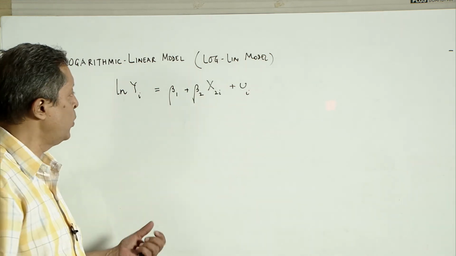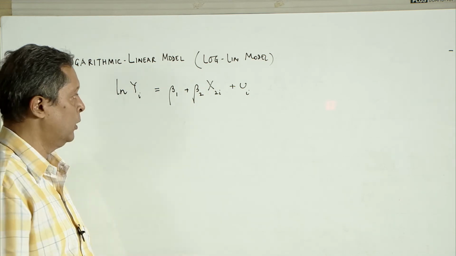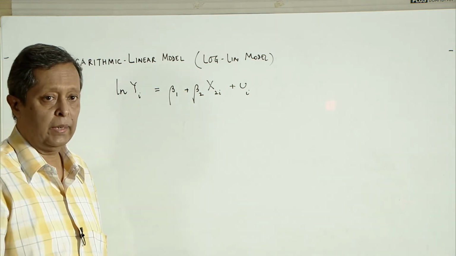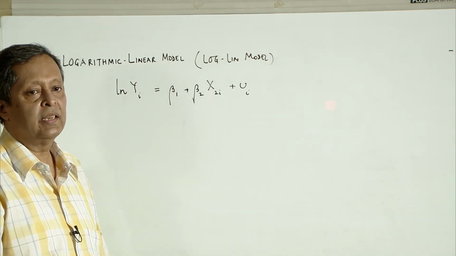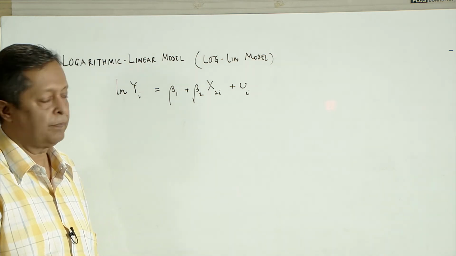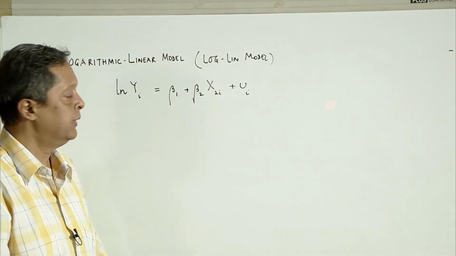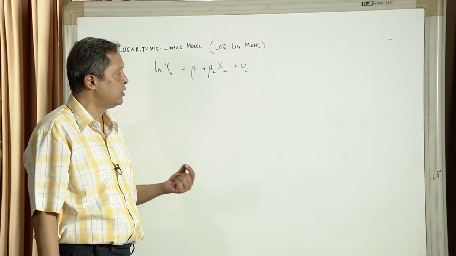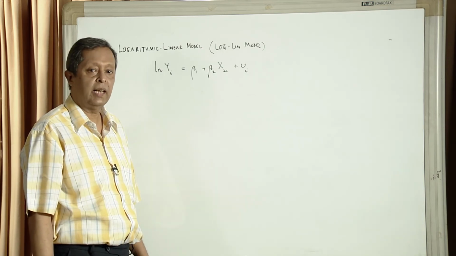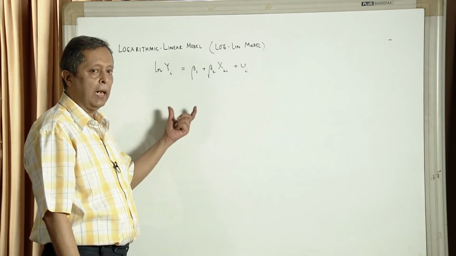So, we might ask the question, what is the use of this model? Till now, whatever we have studied, the different types of regressions, they were basically cross section regressions, using cross section data.